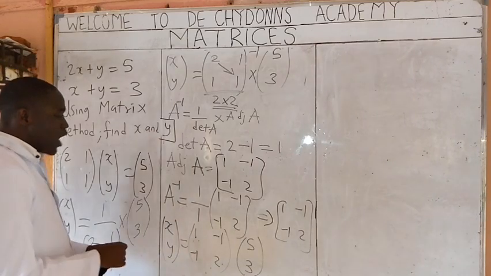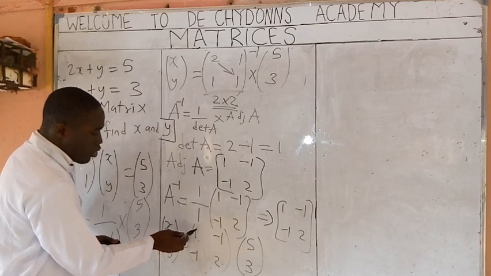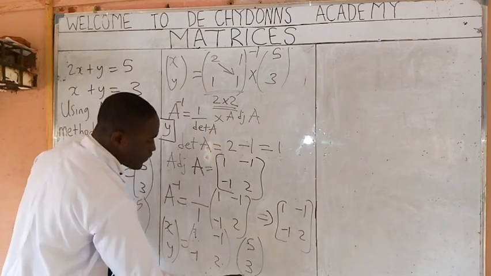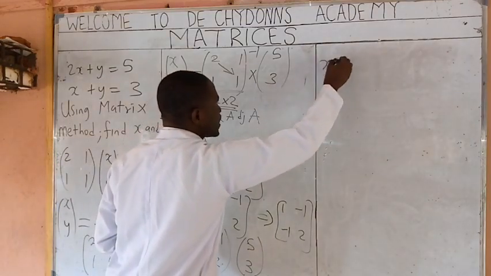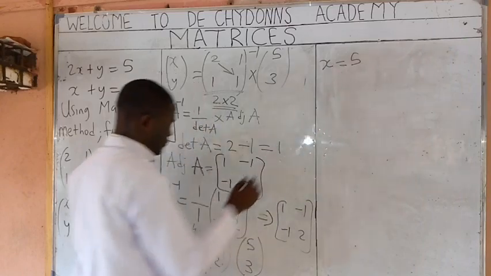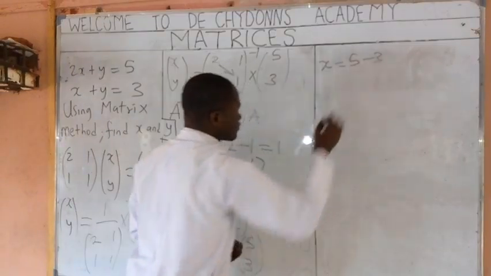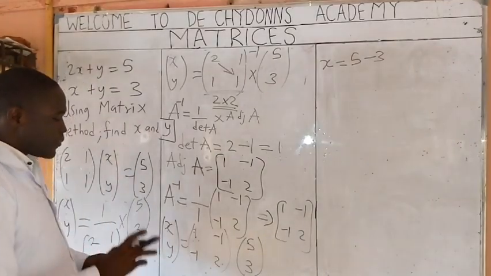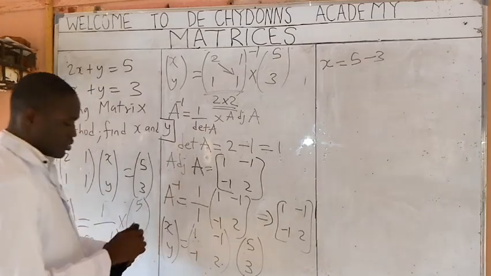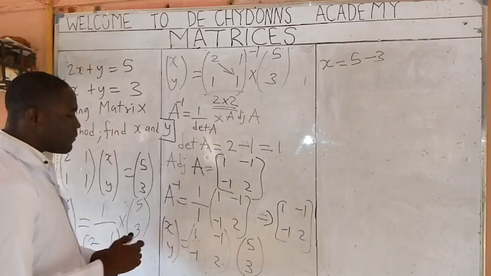So see what you do. To get your x, you say 1 times 5, 5, minus 1 times 3, minus 3. I repeat again. For you to know whether you can multiply these, check whether these two are compatible. How do you know whether they are compatible?